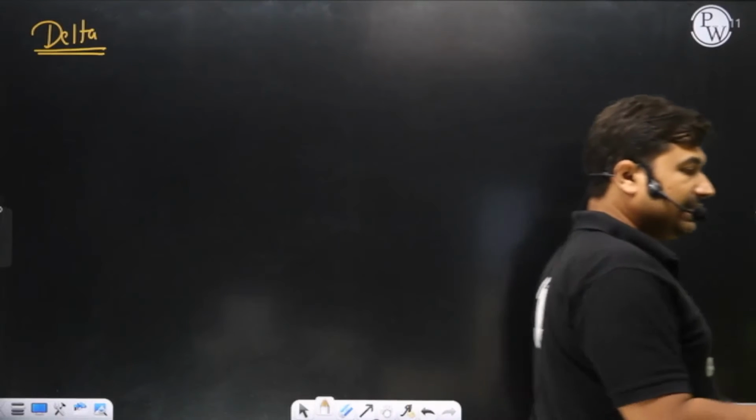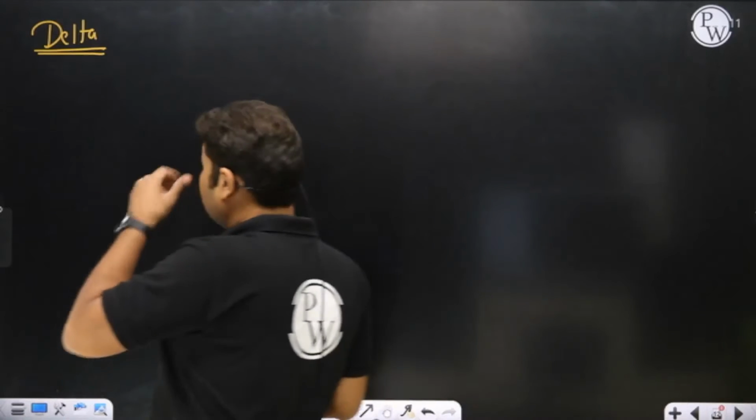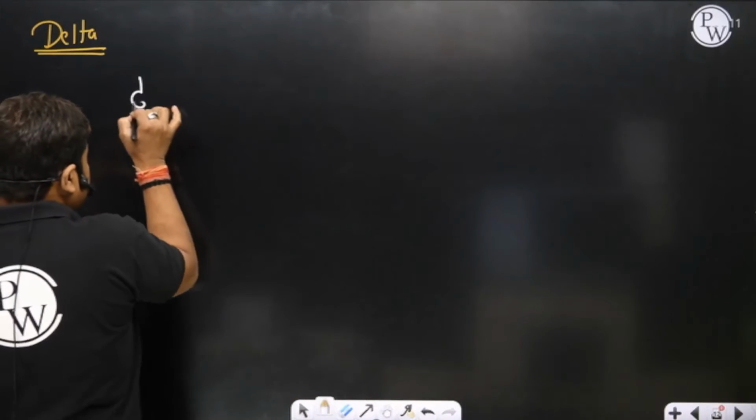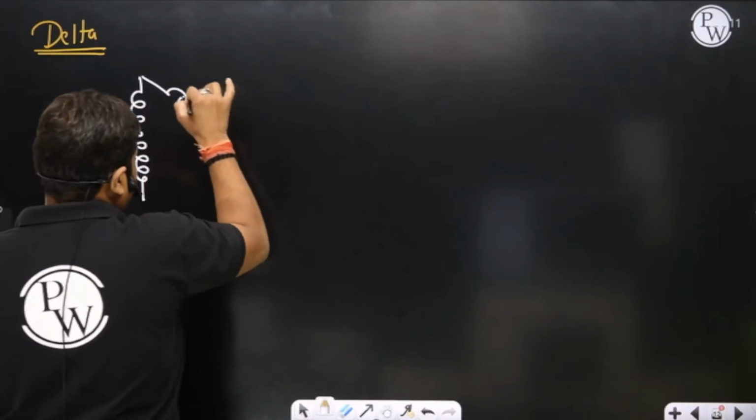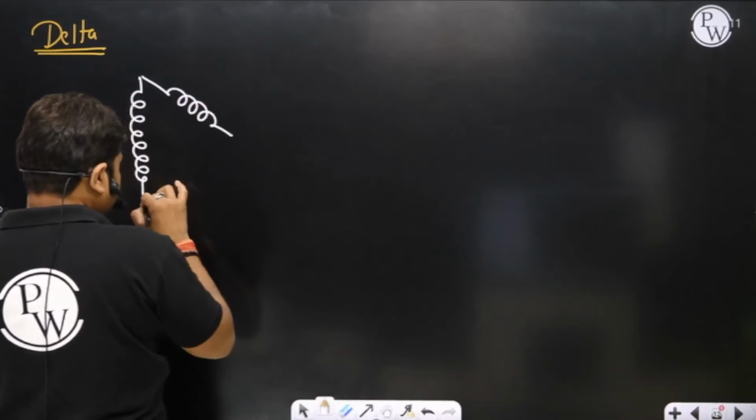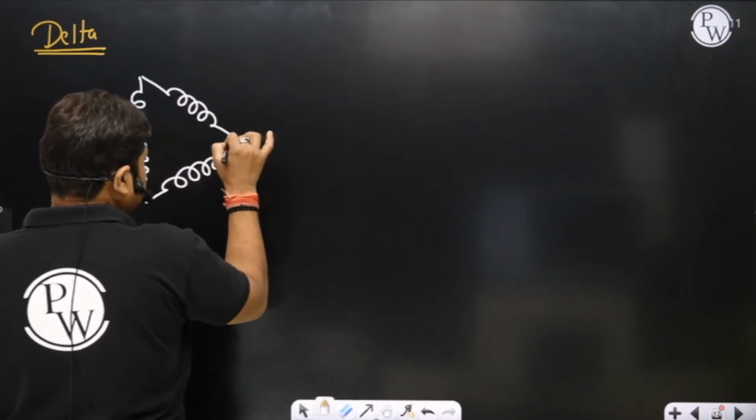In case of a delta connected system, suppose I have a source side delta: AA dash, BB dash, CC dash.